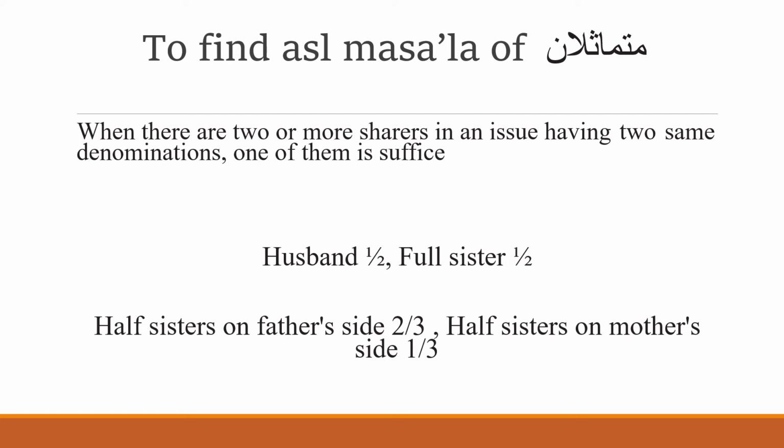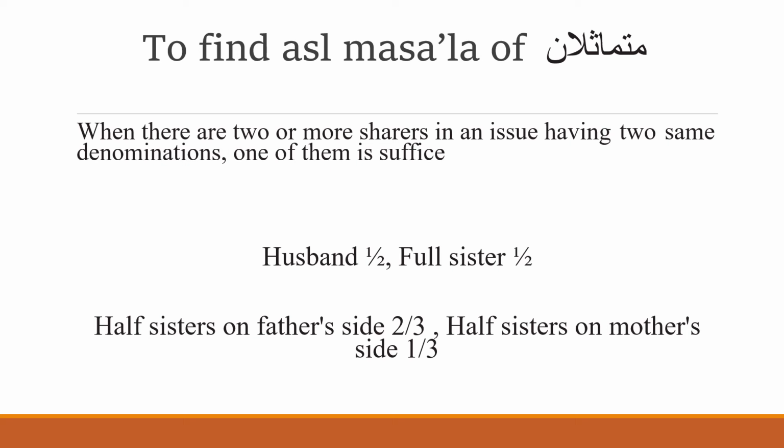Then we learned the numerical basis of residual heirs and the numerical basis of fixed share heirs. Then we learned there will be 4 types of denominators. One is mutamathilani, the denominators will be the same. The second is mutadakhilani, one will be a multiple of the other.